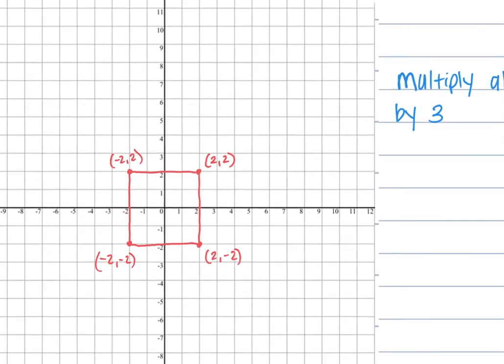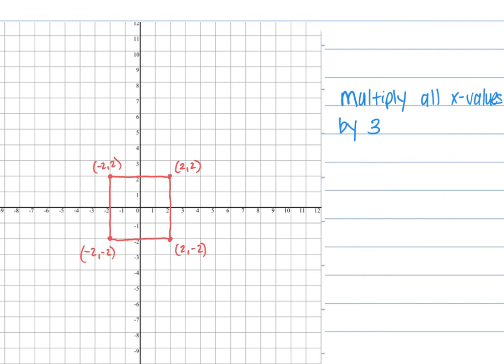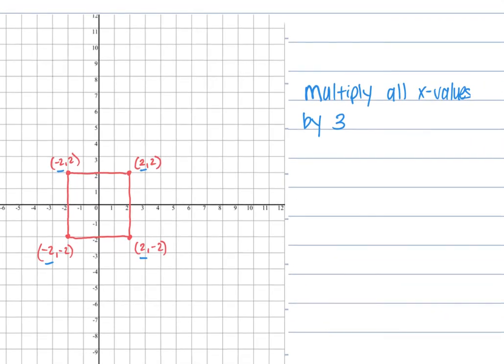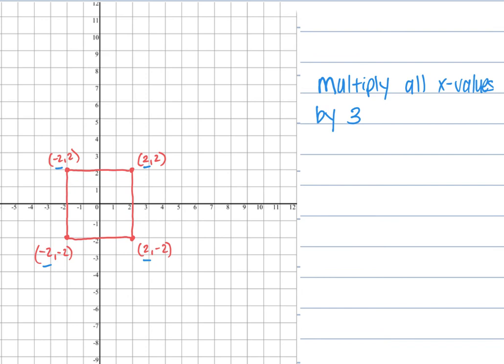Okay? And how we do that, we take all the x values, so underline all the 2's and negative 2's that lie in the x position, and multiply them by 3, and then plot the new point, okay? So for this first one, we had 2, 2. You take the 2, you multiply it by 3, we should have 6, 2 as our next point. 6, 2 is all the way out here, okay? So all I did was I took the x value and I multiplied it by 3.